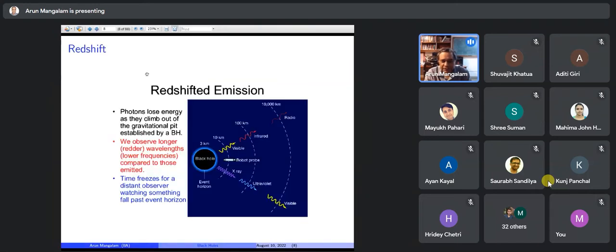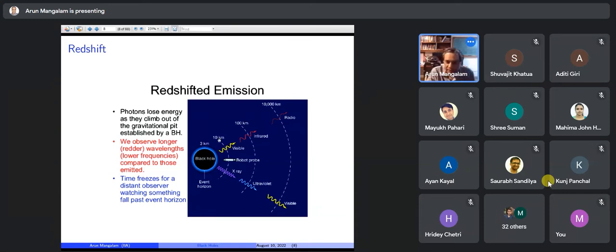So here's an example. Let's say you are shooting X-ray photons. Say this is a black hole which is 3 kilometers in diameter, a Schwarzschild black hole of mass equal to the solar mass. If you take the sun and collapse it to make a black hole, the size will be just 3 kilometers.